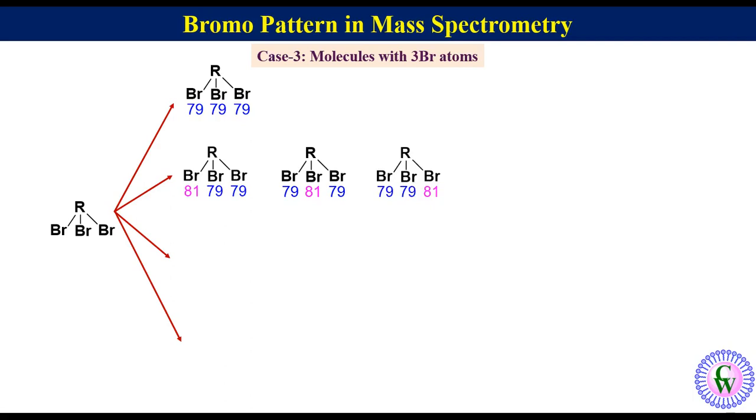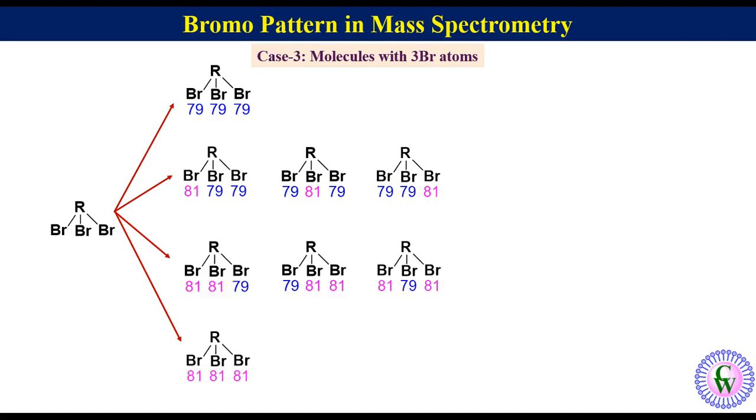So, in this set too, there will be 3 possible combinations: 81 81 79, 79 81 81 and 81 79 81. And the fourth set of molecules are the molecules with 3 Br81. These sets will correspond to M, M plus 2, M plus 4 and M plus 6 masses.